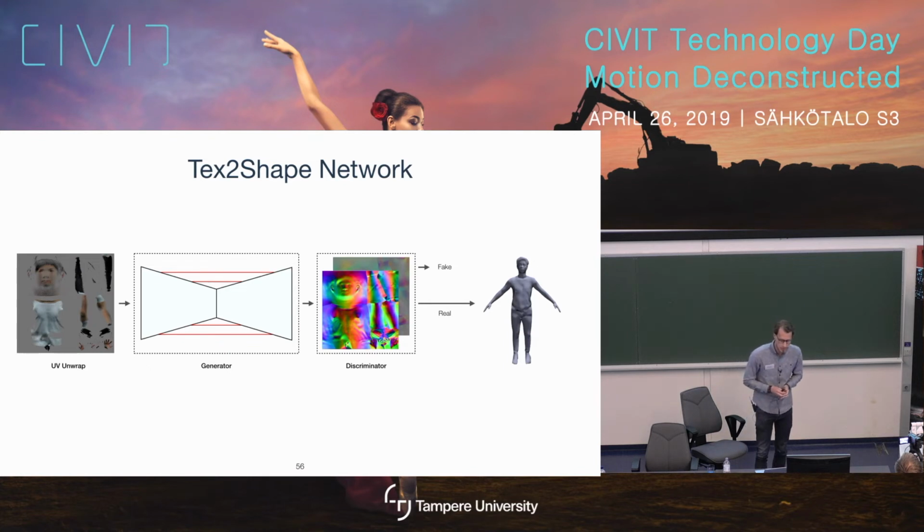The target of the generator is to fool the discriminator. So the generator learns from the discriminator how to fool it and how to create a really realistic displacement and normal map. And then this normal map and this displacement map, you can just apply on the naked surface again using this UV mapping.